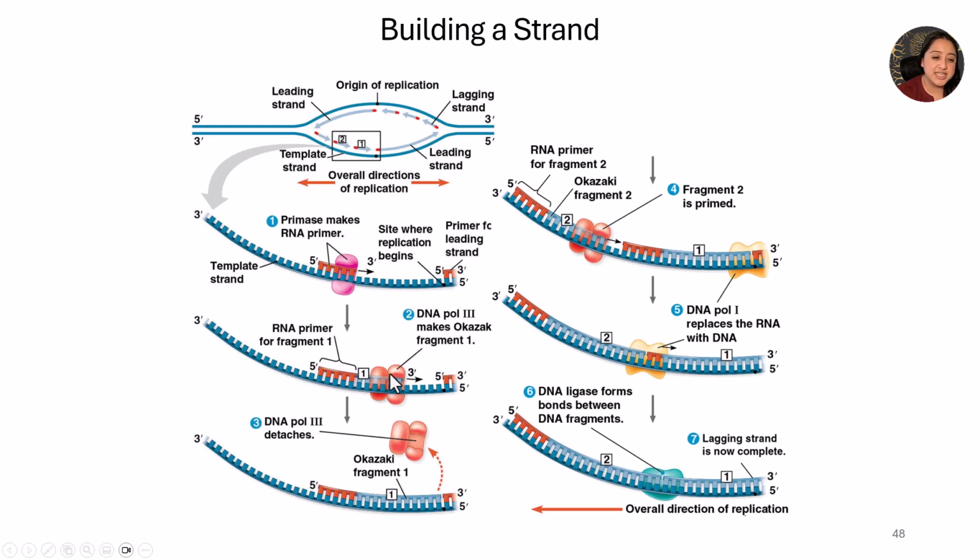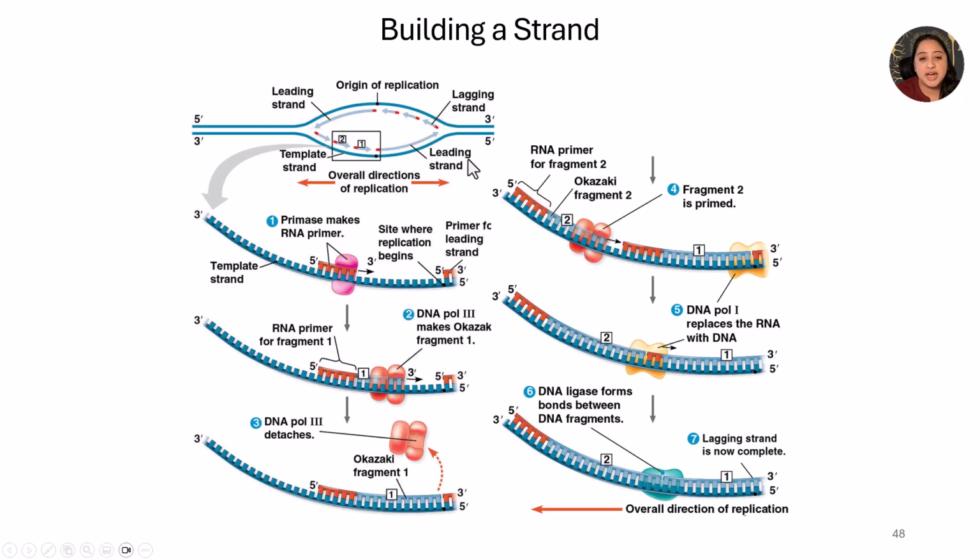Step 2, DNA polymerase. There are actually multiple ones, but specifically it's DNA polymerase 3, DNA pol 3, that makes this Okazaki fragment. And then DNA polymerase detaches, it lets go because it's running into the next segment. So then it has to get up and go backwards and then build the next part.